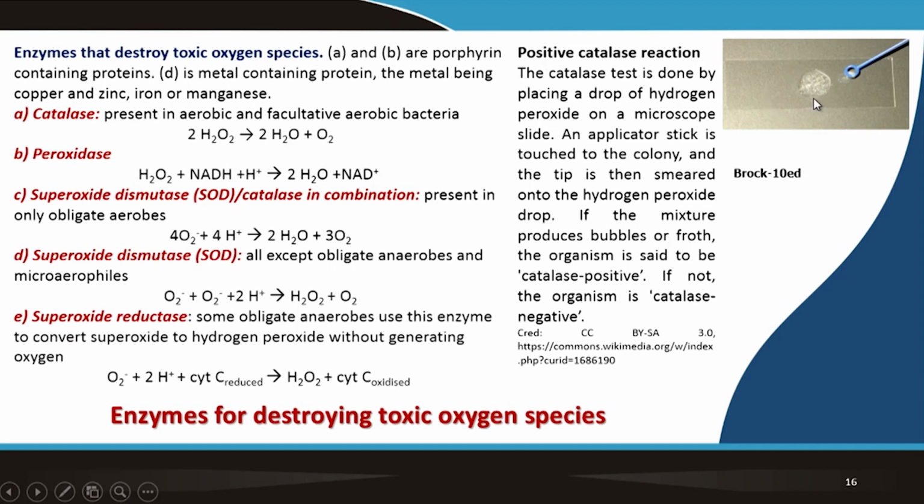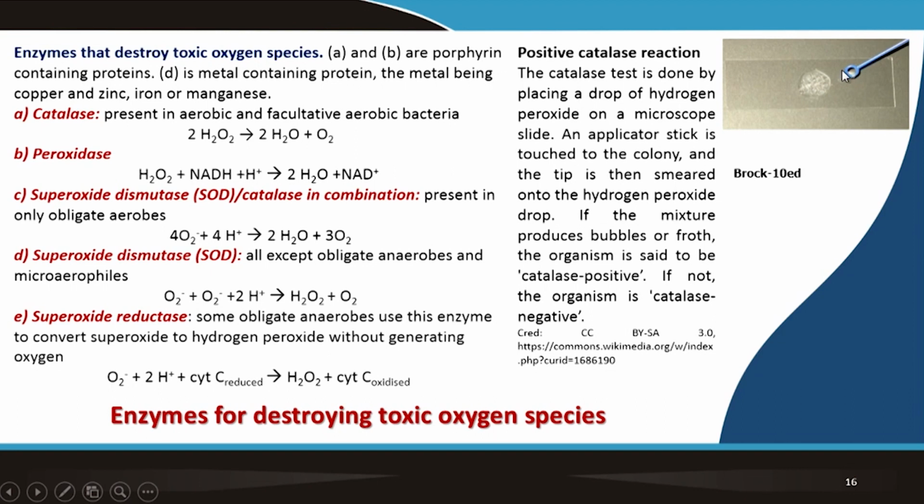If you want to know whether a particular organism has the catalase enzyme or not, there is a very simple test for it. It is done by placing a drop of hydrogen peroxide on a microscopic slide. A little bit of the colony of the microorganism that you want to test is picked up on an applicator stick.